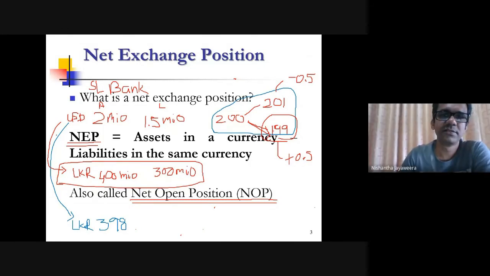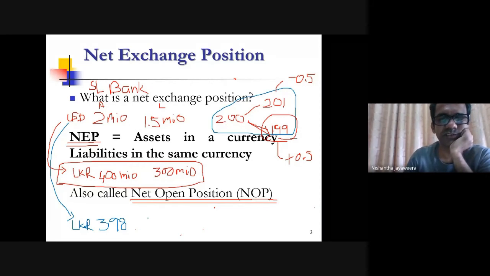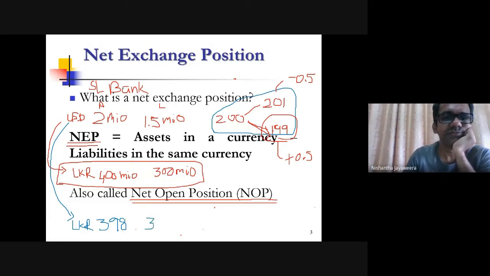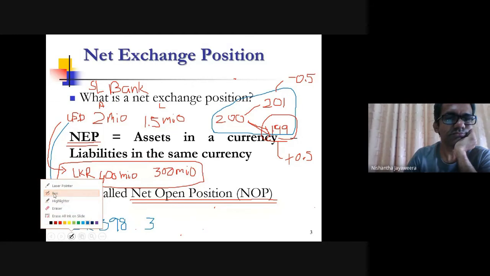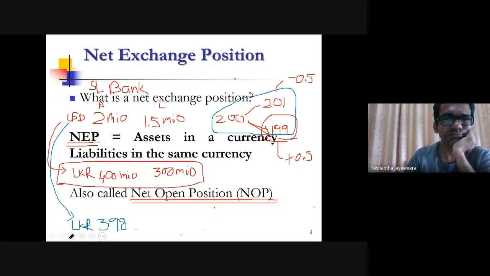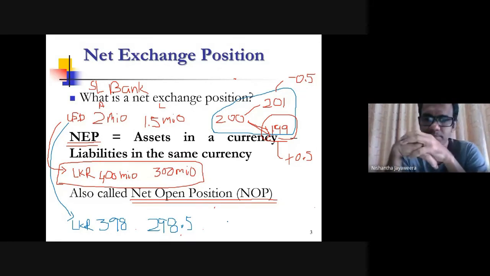Then when we convert 1.5 million dollars into rupees at 199, what is the figure? It would be 298.5. Correct?